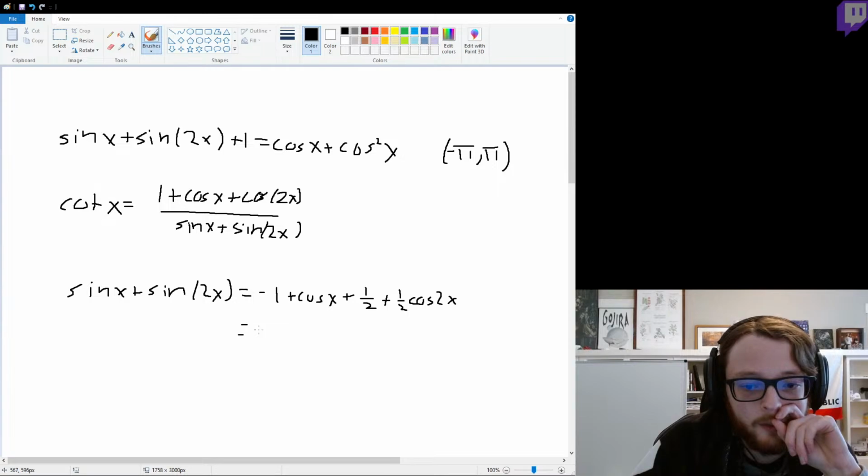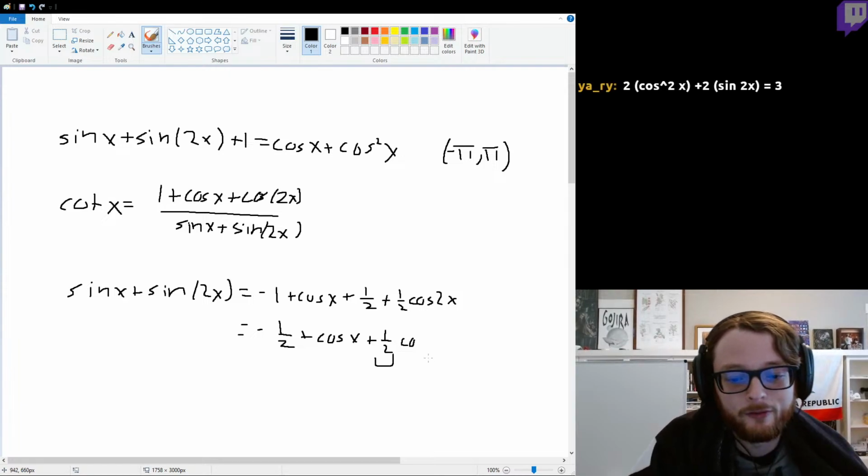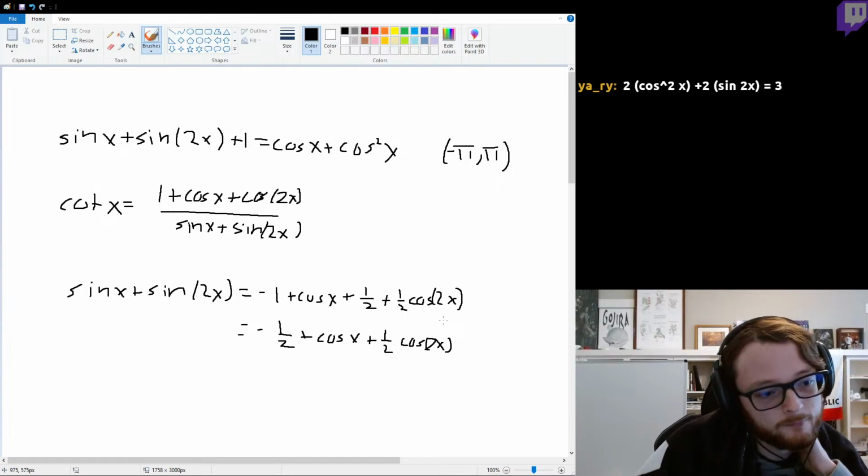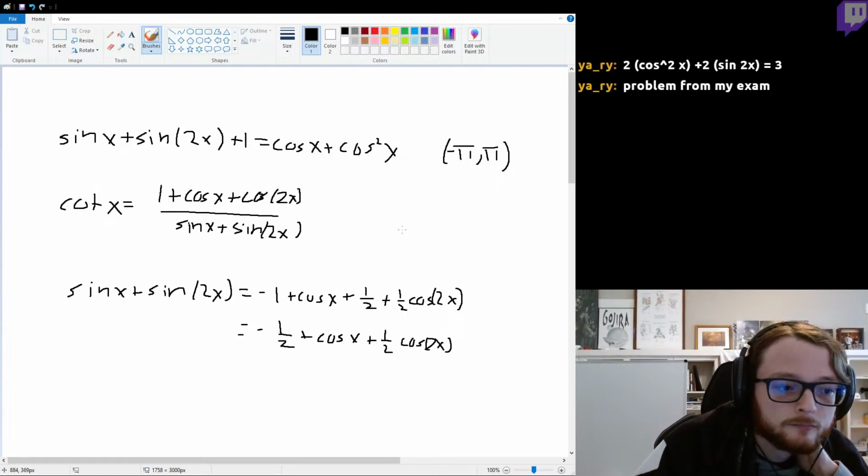So what do we get here? We get minus 1/2 is the issue here. So that's preventing us from using this identity. And the half in front. Oh man, the half here is what kills us. We just can't use this identity. What the heck?